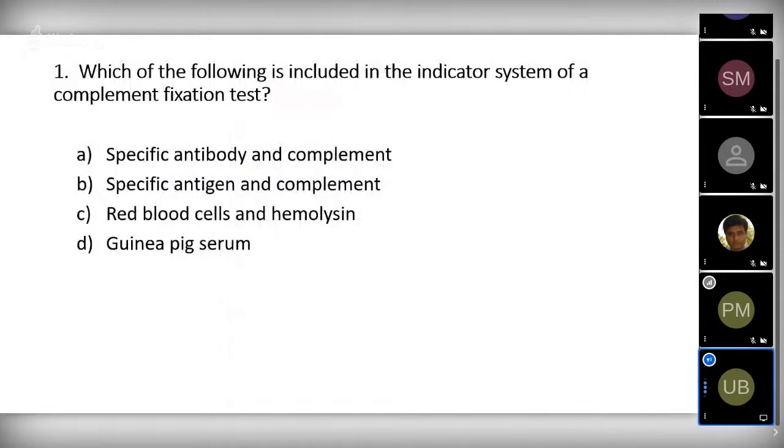And coming to the questions, which of the following is included in the indicator system of a complement fixation test? Specific antibody and complement, specific antigen and complement, red blood cells and hemolysin, guinea pig serum. Which one? A, B, C or D? Anyone?